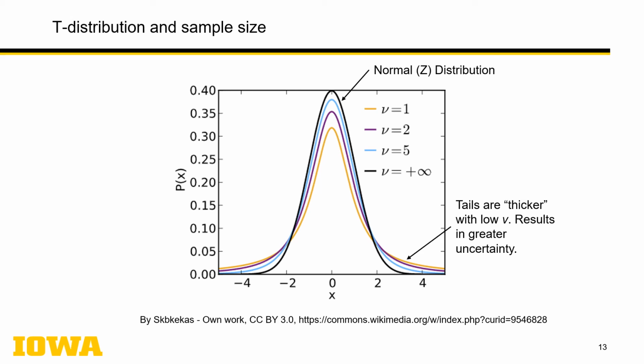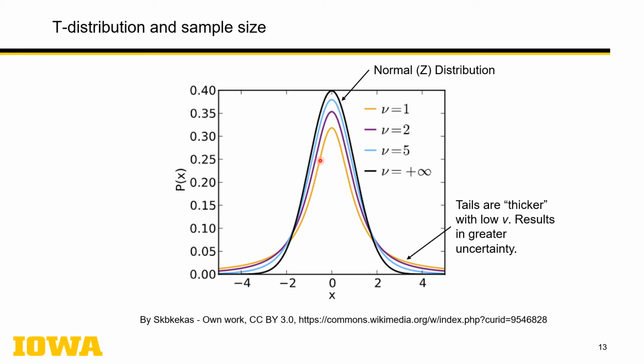So here's a figure off of a Wikipedia page, credit them, thank you very much, that shows this degrees of freedom, this Greek letter, nu, I believe, being 1 is coming from only a sample size of 2, right? So 2 minus 1 equals 1.